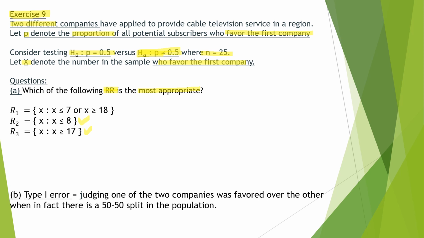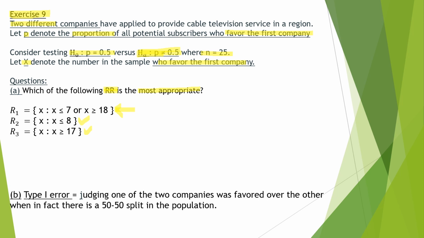So all of the rejection regions are correct, but the one which is most appropriate is the first one. Why is that the case? Because it has both possibilities of P not being close to 0.5. For all values where x is less than or equal to 7, P will not be close to 0.5.